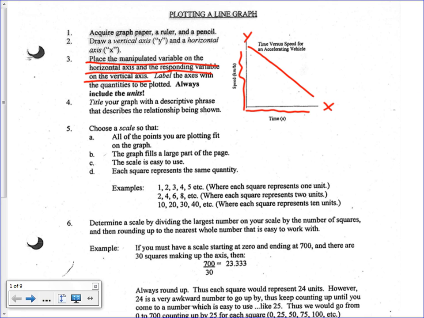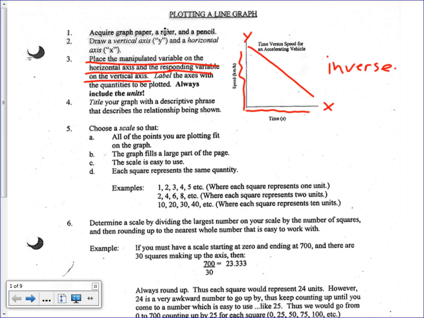As the manipulated variable increases, the responding variable decreases. What kind of a relationship is that? Starts with I. When one thing goes up, the other goes down. That's inverse. So this is an inverse relationship.